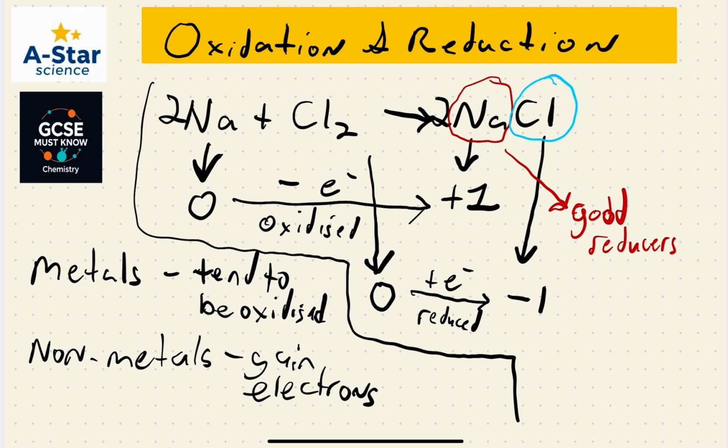And nonmetals like chlorine tend to be good oxidizers. They cause things to lose electrons. But you only really need to understand that when you get to A-level chemistry in some depth.